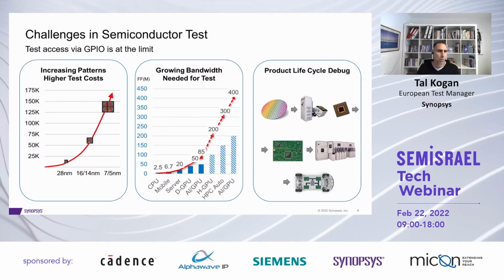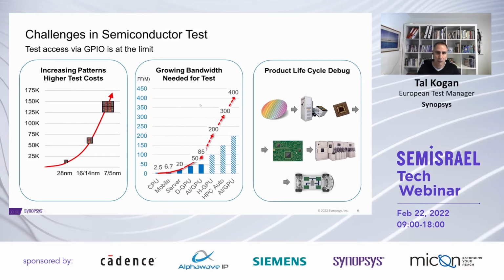So why is there even a problem? So you can see here that the number of patterns in the test world keeps rising as far as the technologies keep shrinking. The typical number of patterns that you need in order to achieve your test coverage goals keeps rising, and that's money at the end of the day. Money that you have to pay for this test time. Now, the number of flops keeps growing.